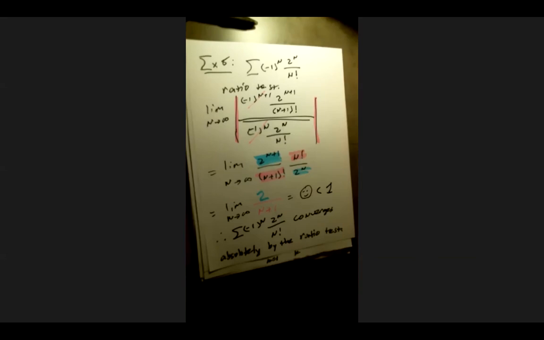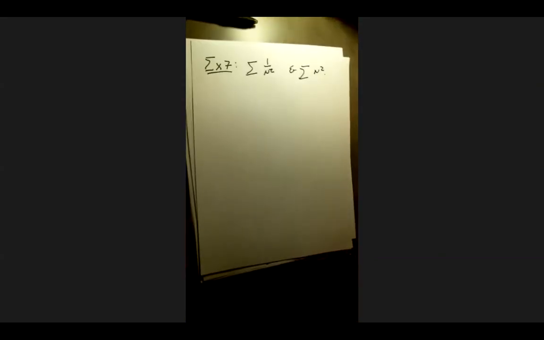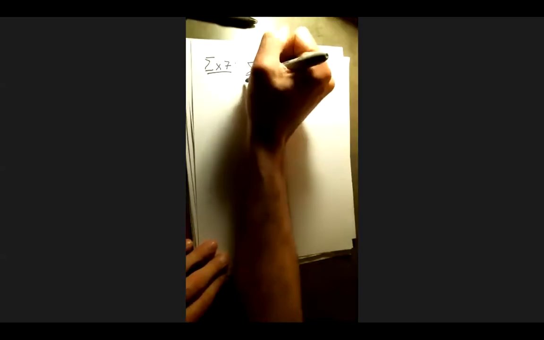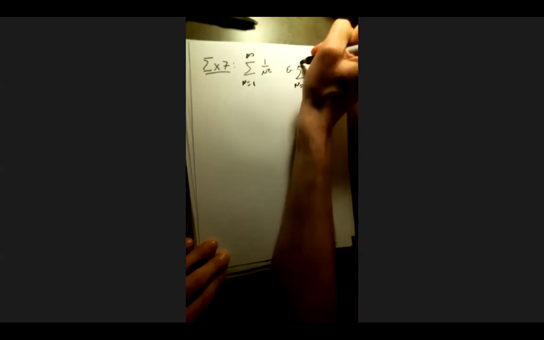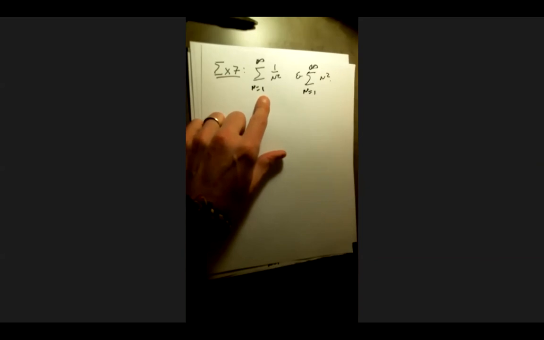Cool. So let's look at the next example, and the purpose of the next example is to say, don't be too much in love with the ratio test. Before we start doing all kinds of crazy writing, this series on the left, does it converge or diverge, and how do you know? It converges because it's a P series and the exponent is greater than 1.